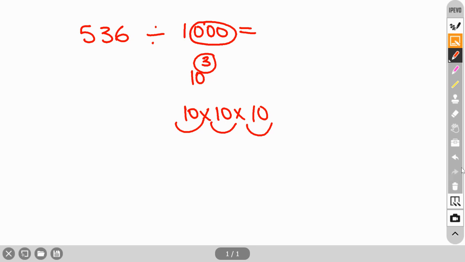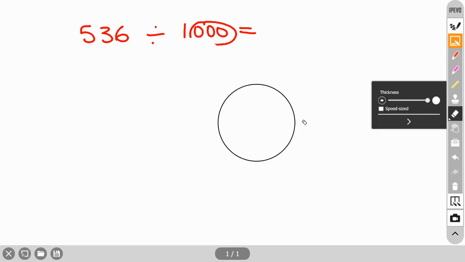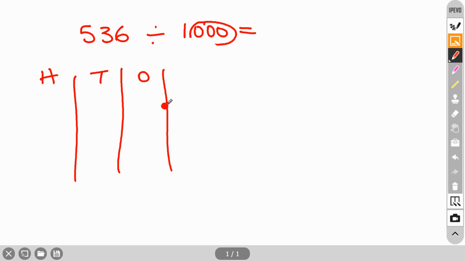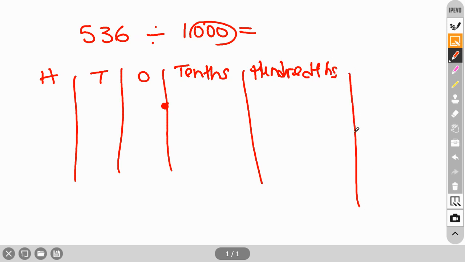On your place value chart, let's say you have this one is the hundreds, then we have tens, ones, then we have the decimal point between the ones and the tenths, the hundredths, and the thousandths. So let's write this number, 536.